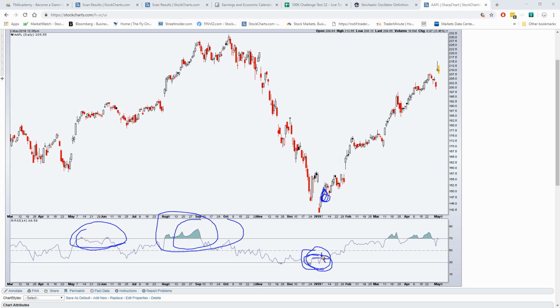So RSI, great indicator. Strongly recommend understanding the RSI, not to use it aggressively all the time. But if you can understand the RSI, you can start to understand the story behind a lot of other indicators. What's the story with the RSI? Is it overbought? Is it oversold? Is it trend?